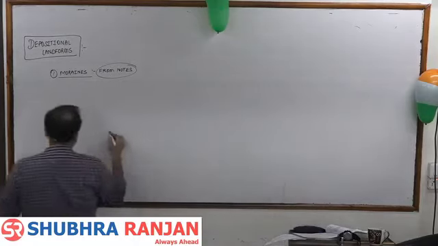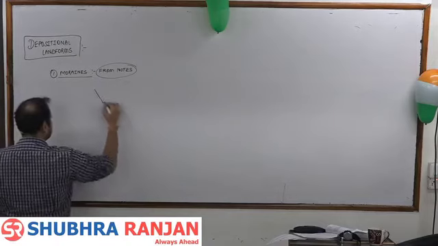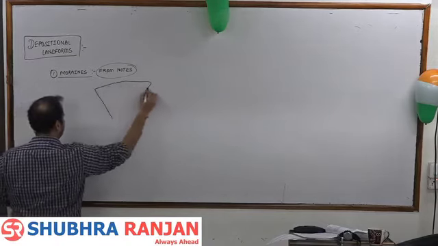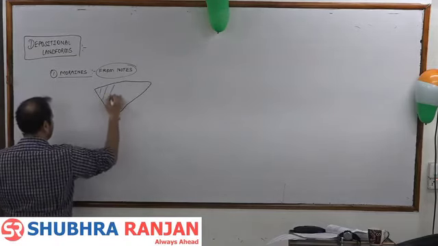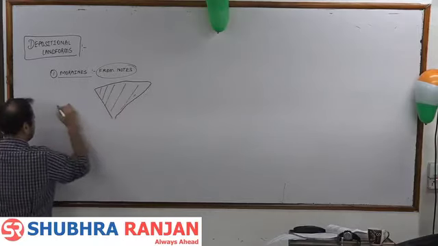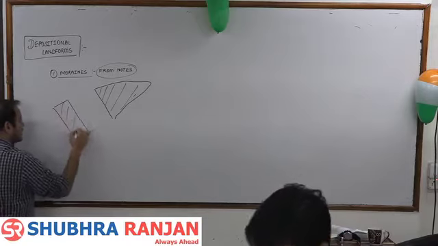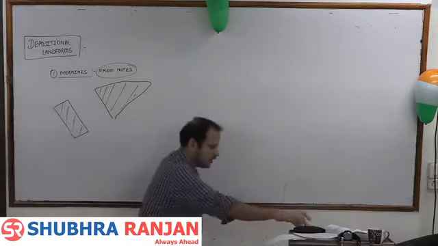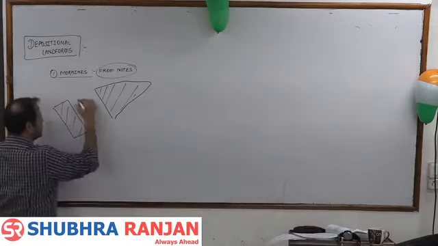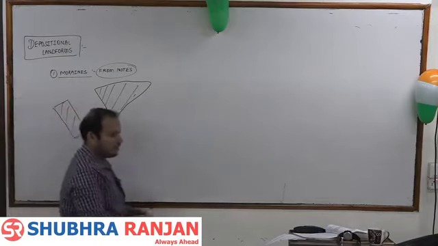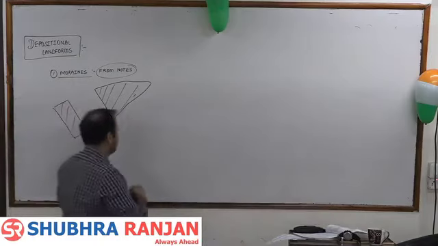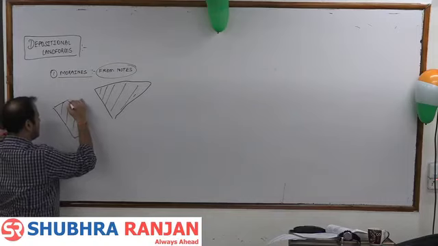For example, if this is the path of a glacier, this is a rock, this is another rock, and the glacier is moving in this particular direction, then the sediments will be deposited along the sides of the glacier.